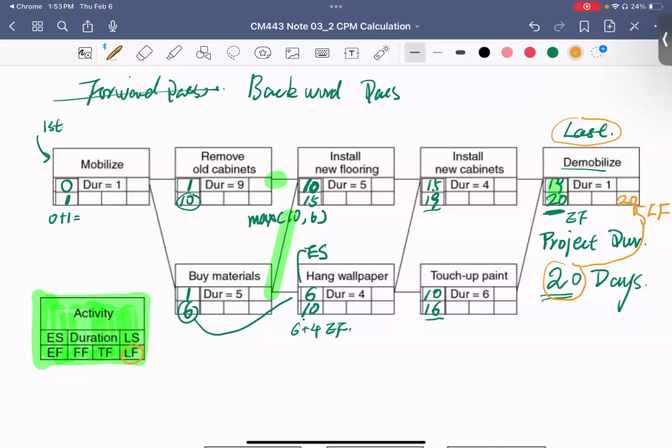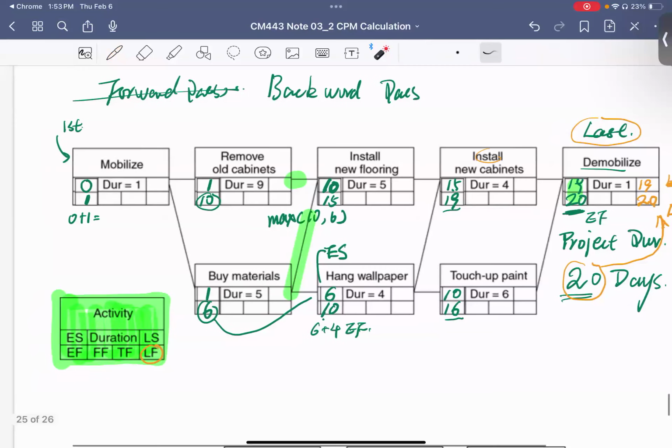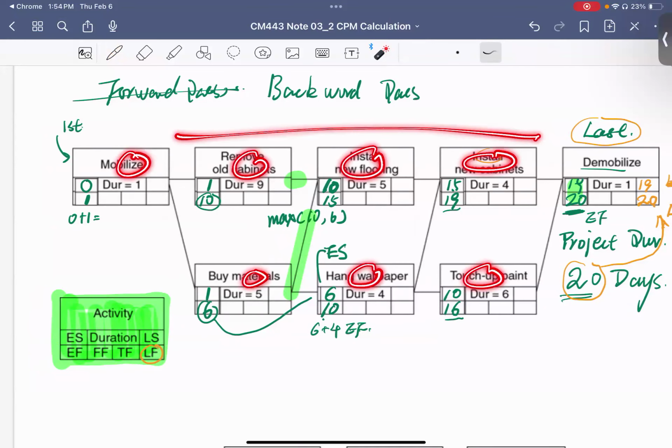Once you determine that the late finish time is 20, then the late start time is 20 minus 1, which gives 19. Is that clear? That is how you start with your last activity, then go from this one, that one, then that one. That is your order.